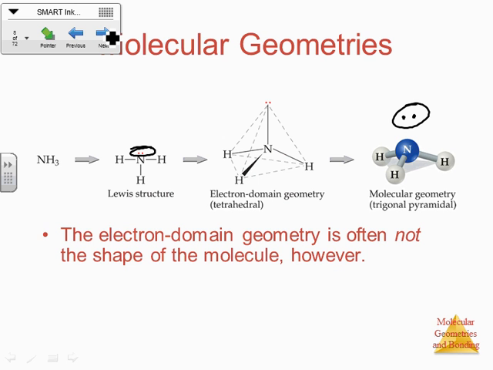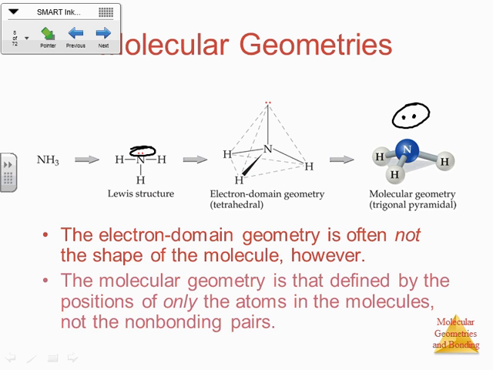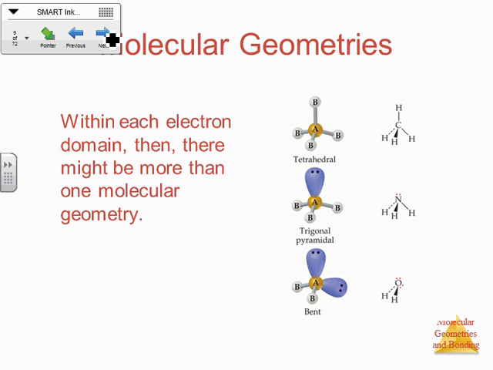Okay. So the non-bonding pairs, that's what I just said. The lone pairs of electrons don't count for the shape of the molecule, just the atoms. Okay. So within each electron domain, there are different possibilities for the geometry. So you've got tetrahedral here. If you've got 4 actual atoms around the central atom, then that would count as tetrahedral.